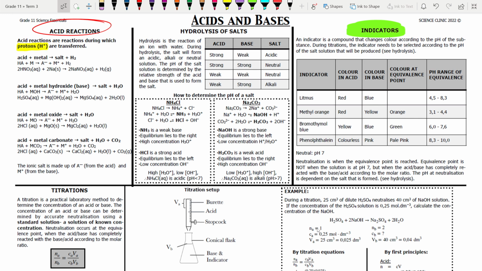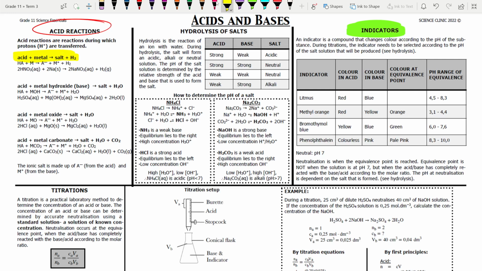It's never going to accept it. Okay, let's look at an acid reacting with a metal. I'll highlight this with different colors just so that you can identify them.